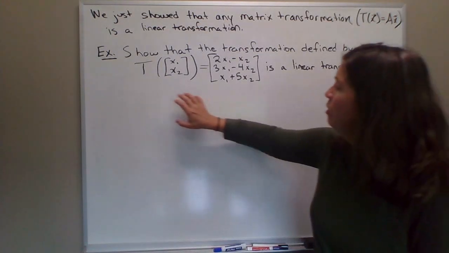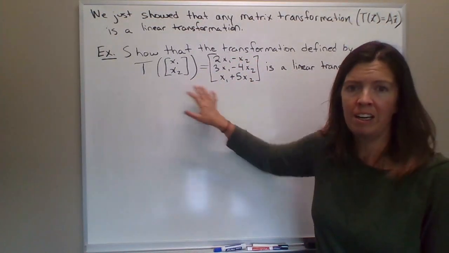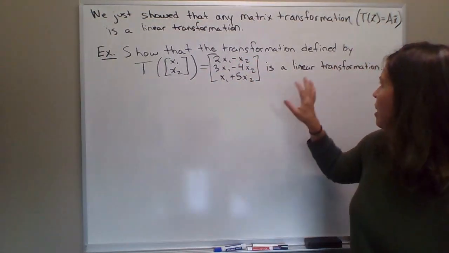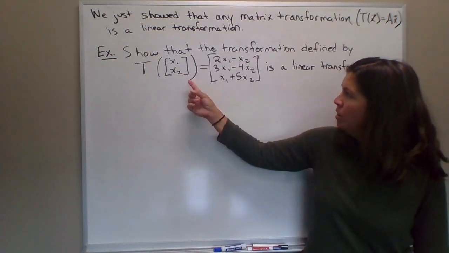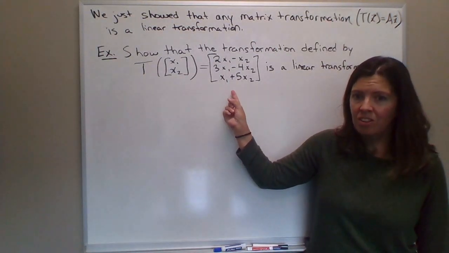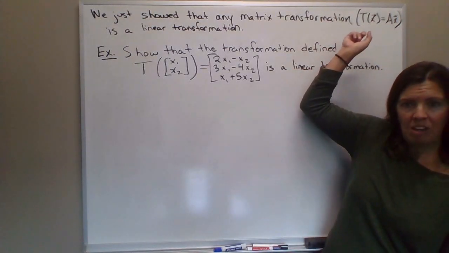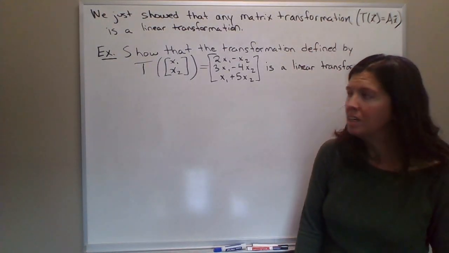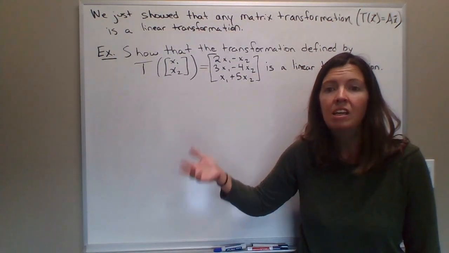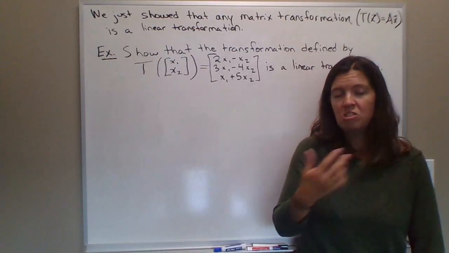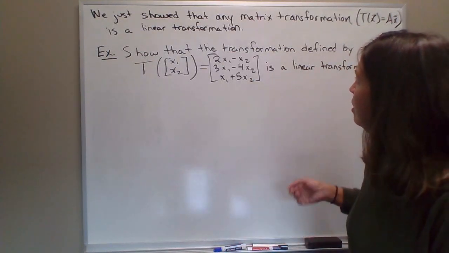So we want to use that now to show that a transformation defined here is a linear transformation. The idea is I'm going to express this transformation as a matrix vector product, A times x. So then we can say, well, this transformation happens to be a matrix transformation. Therefore, by the work we just did, it is a linear transformation.